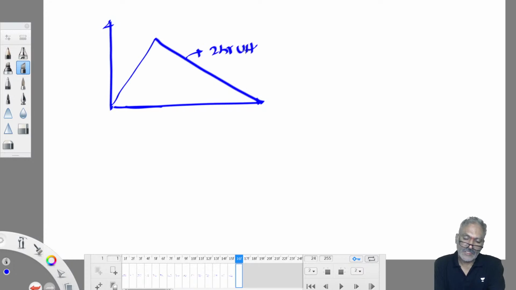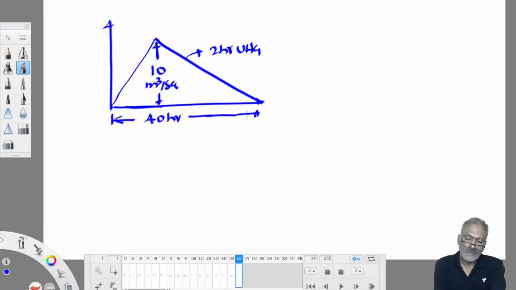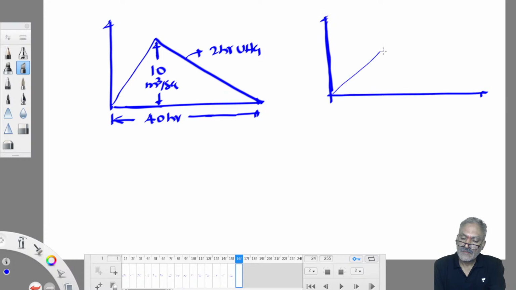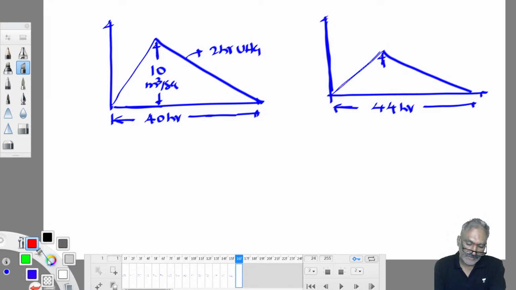The 2-hour unit hydrograph represents a 2-hour storm which has a peak discharge of 10 meter cube per second with a base of 40 hours. The same catchment receives a 6-hour storm producing runoff for 44 hours. So what is the peak discharge of this storm, he is asking.